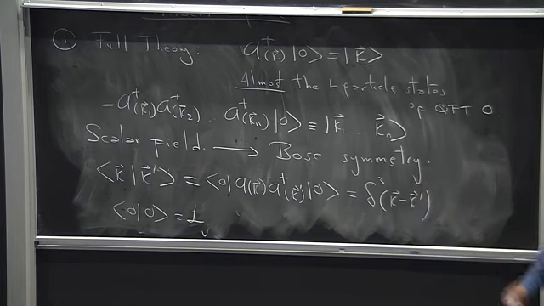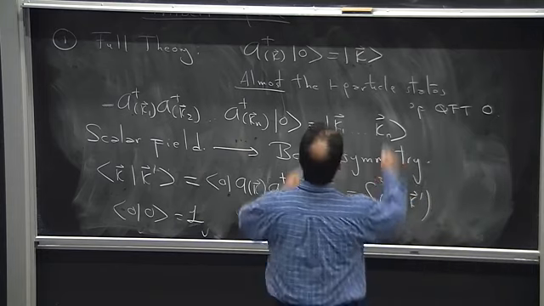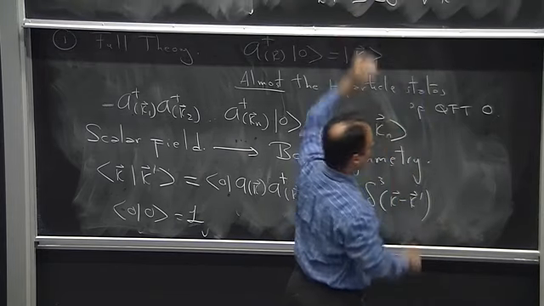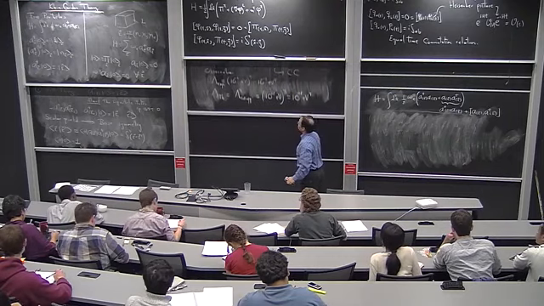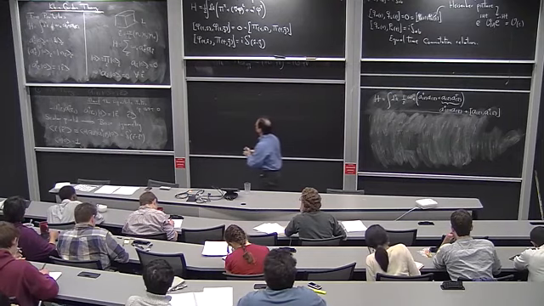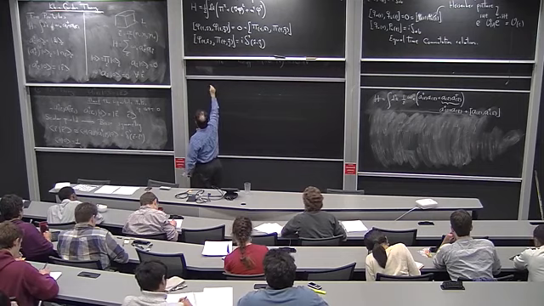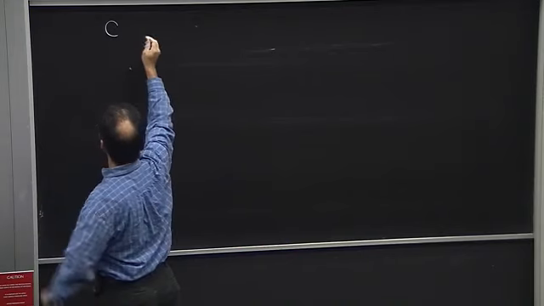According to this normalization, we can write down the completeness relation, at least for the one particle states. And here is where we're going to see the difference between what we did before and what we are doing here.